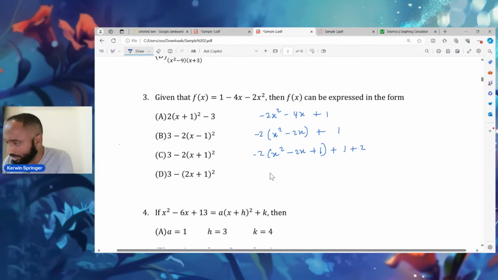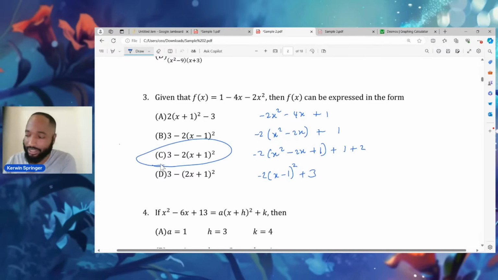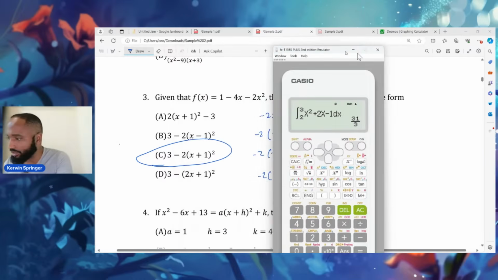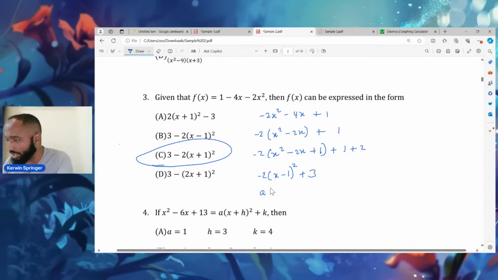So in the end, you get x minus half of that, which is 1, squared, minus 2 plus 3. So C is the answer.